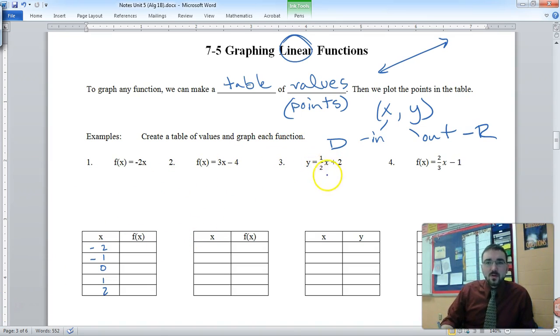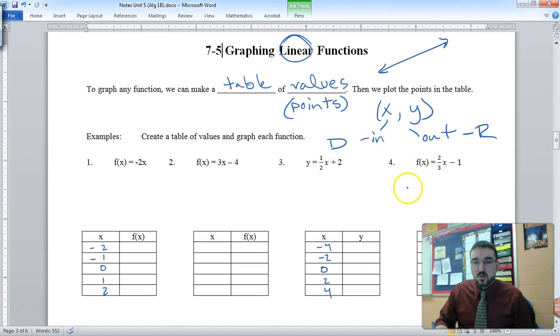So for number 3, we see that it's divisible by 2, so when we plug something in, we want whole numbers. You can still have that 0 in the beginning, but what I would recommend is plugging in some even values. So this could be negative 4, negative 2, 2, 4. Make it easy on yourself. Don't use fractions, don't use decimals, just use those whole numbers. Like this last one, just go in multiples of 3 so you can get rid of this denominator.